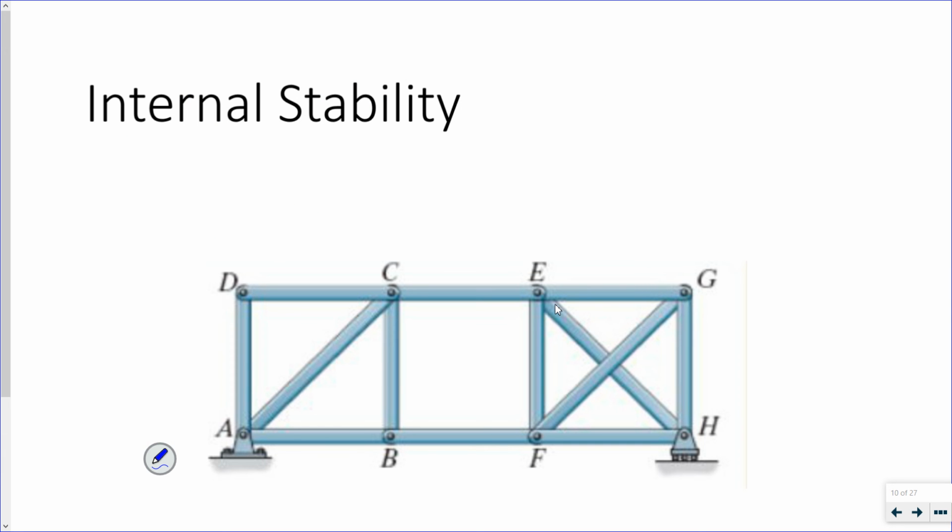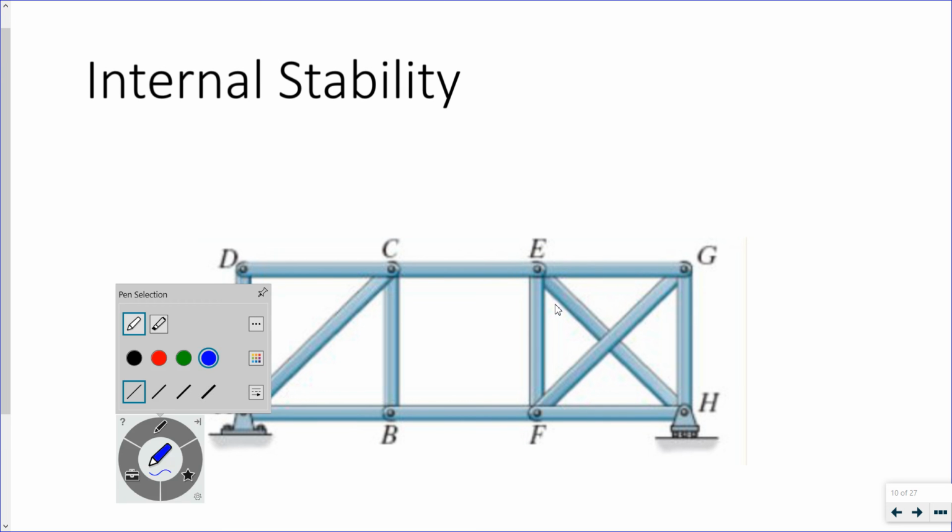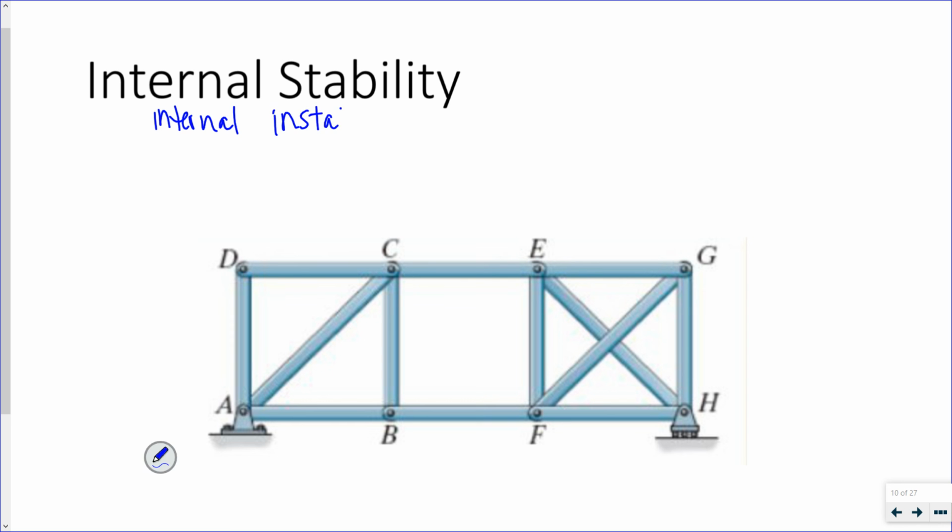The next thing to talk about is internal stability, which means there is some sort of collapse. So here I have this truss, and I'm going to try my darndest to draw a picture.